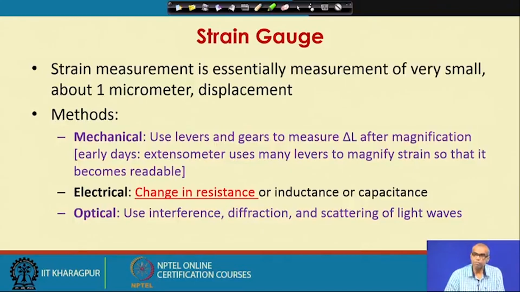Under electrical methods, we can measure the change in resistance or change in inductance or change in capacitance due to strain, and the strain can be related to the change in resistance or change in inductance and change in capacitance. Under optical methods, use of interference, diffraction and scattering of light waves can be made to measure small displacement or strain.